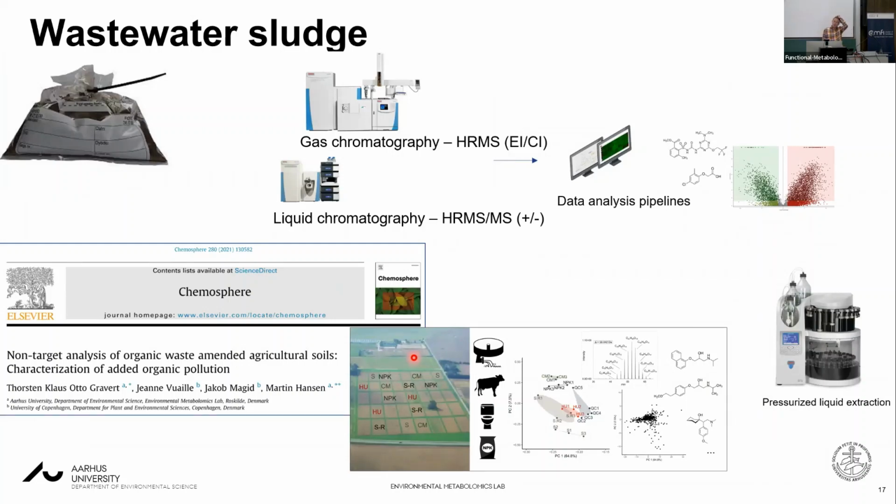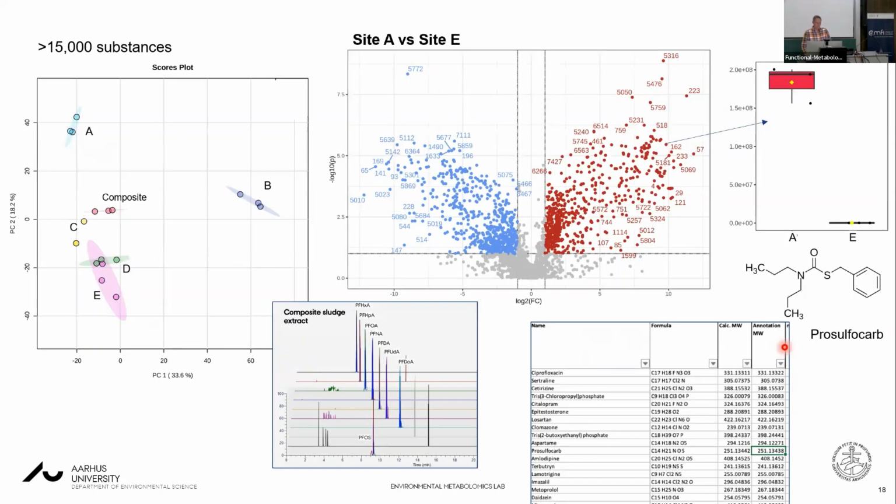Then we use sludge from wastewater facilities. We use that also as a fertilizer on agricultural soils, which is very good because it contains a lot of nutrients. But guess what? It contains also a lot of other stuff. So we used GC Orbitrap and LC-MS for this, and we used some pressurized liquid extraction techniques to do that.